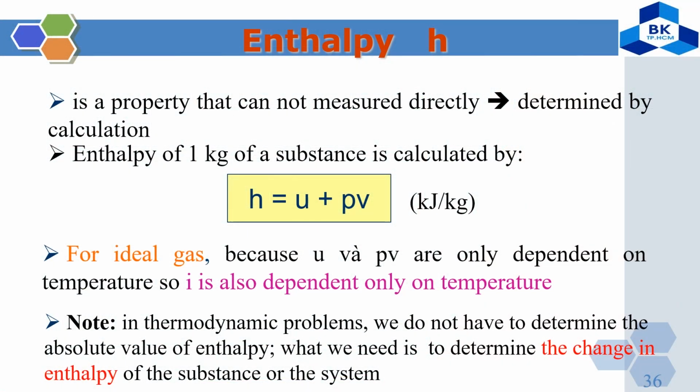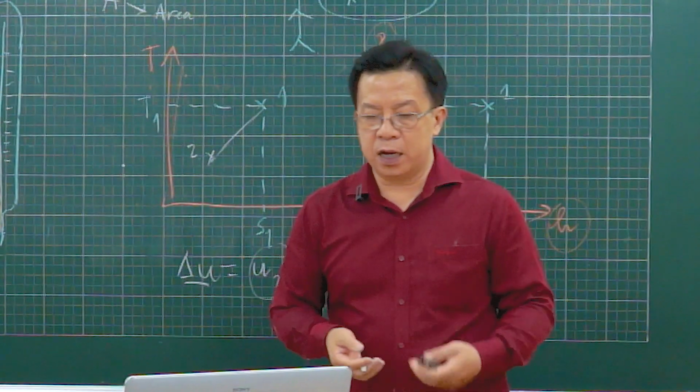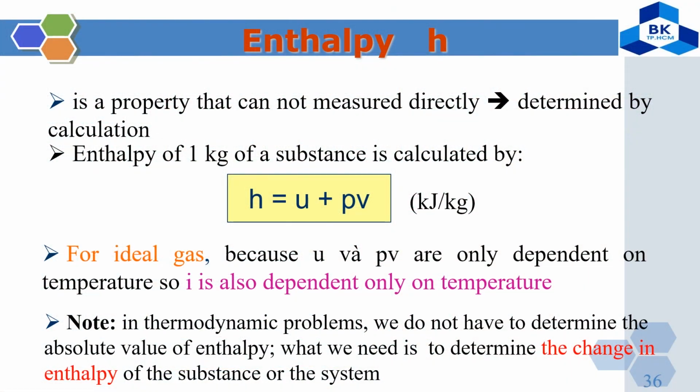Okay, next one is the enthalpy H. The enthalpy is a property, again, it cannot be measured directly, it is determined by calculation. Okay? So the enthalpy of 1 kilogram of the substance is calculated, and we use H equal to U plus PV. U here is the internal energy, P is pressure, and V here is the specific volume.